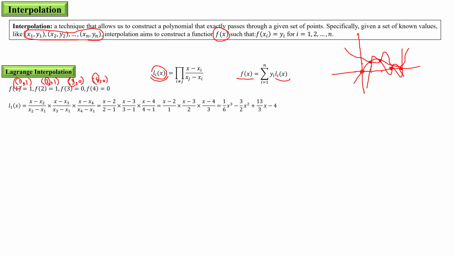By replacing these values in the formula, we see that the formula would be this one: 1 over 6 x to the power of 3 minus 3 over 2 x squared plus 13 over 3 x minus 4.